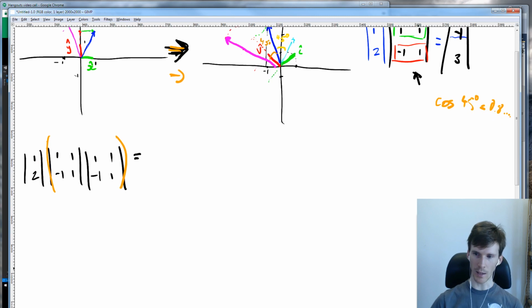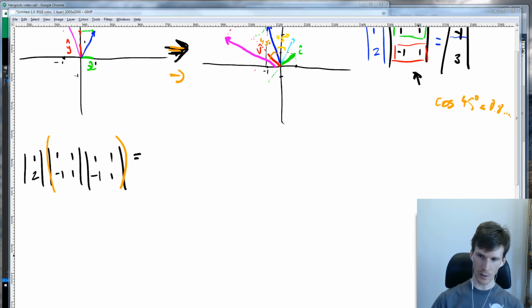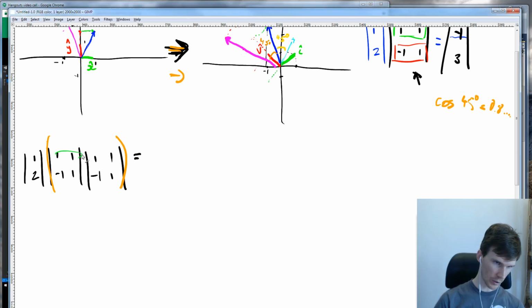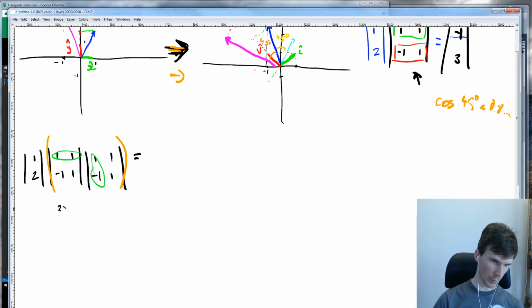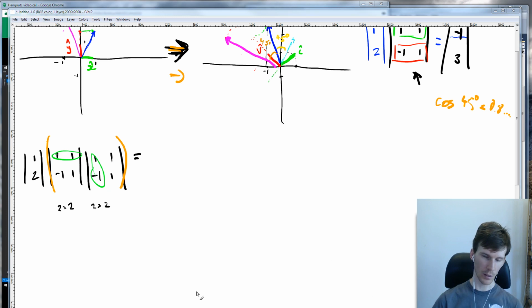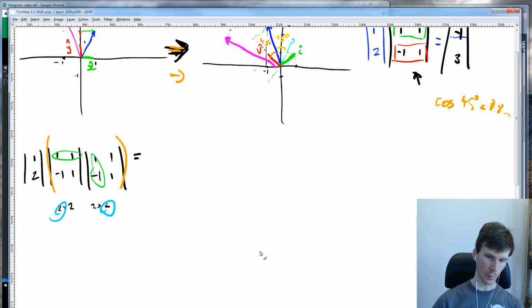And you'll recall that we had this situation where we went across the rows and down the columns. We also have a 2 by 2 matrix and a 2 by 2 matrix, and we end up with a 2 by 2 matrix at the output. So 1 times 1 plus 1 times -1.